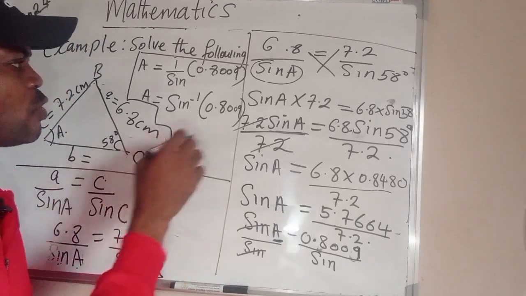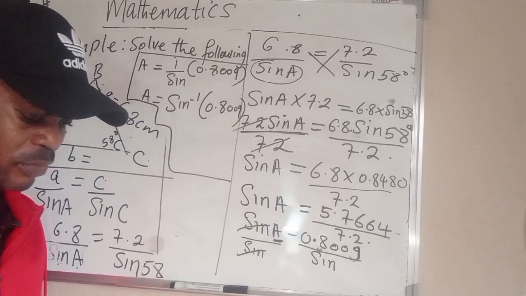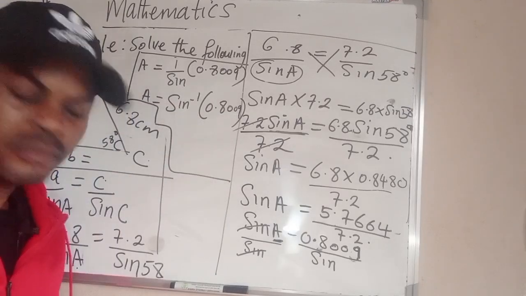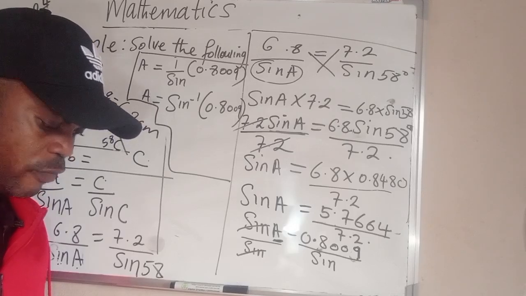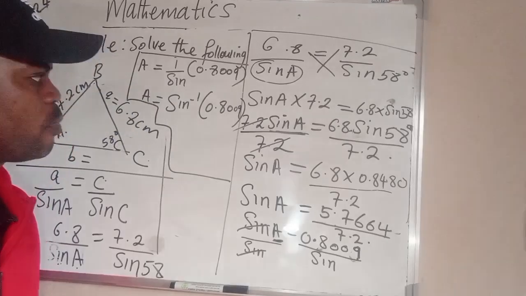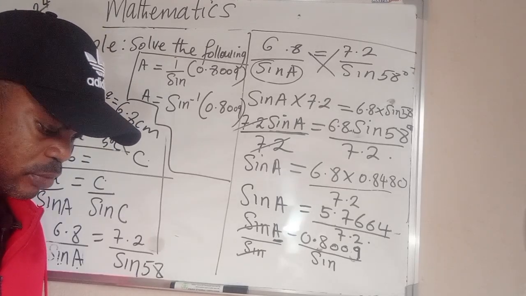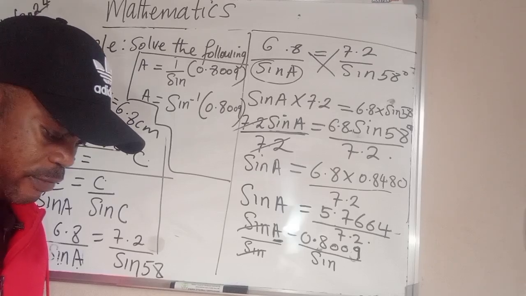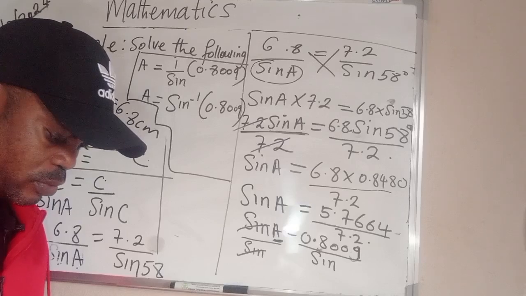So if you press your calculator, first you're going to press shift, then you have sine, it will give you a sine, then 0.8009.